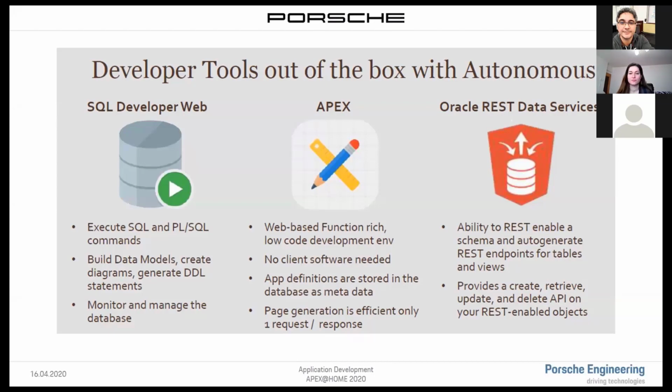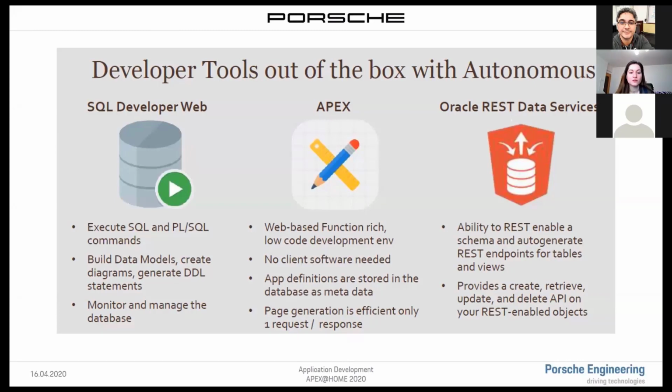Apex, I guess that all the people here in my presentation already know about Apex, and we have all the functionalities in Autonomous. We already have version 19.2, and hopefully soon, after 20.1 is generally available, we will have it on Autonomous as well.